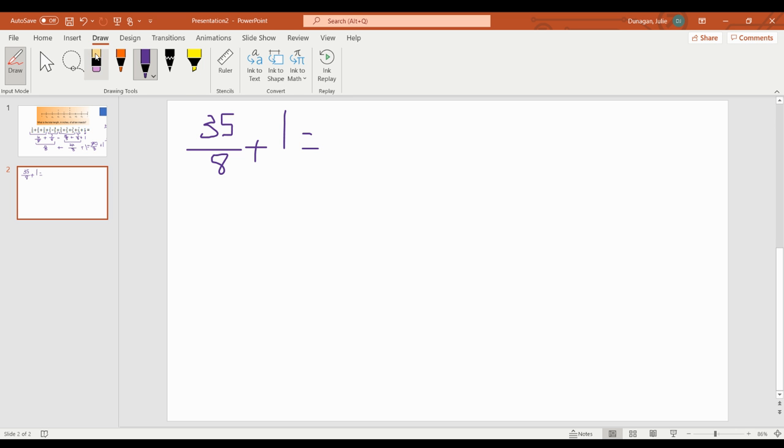So I will switch colors over here just so we know what we're doing. Okay, and I'm going to draw out my division equation so that I know what I'm doing. Okay, so 8 goes into 35 how many times without going over?